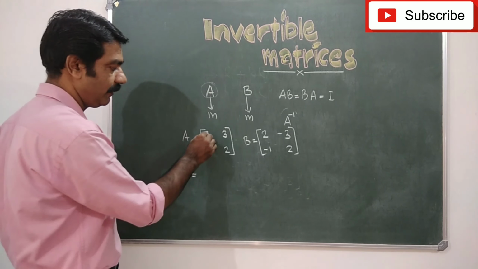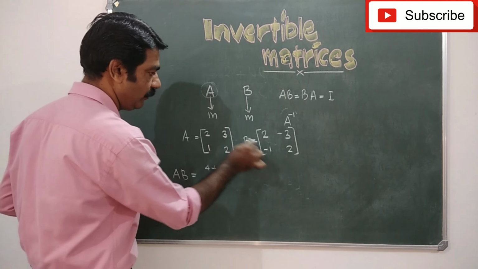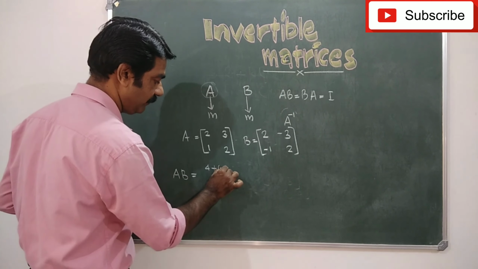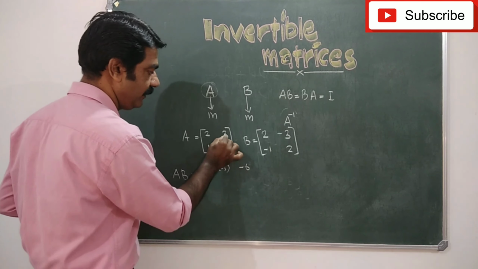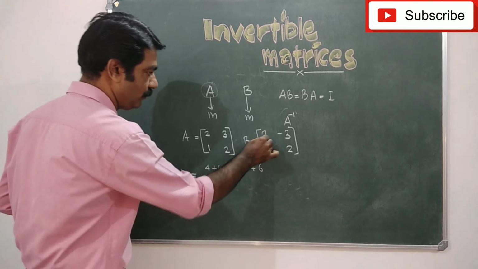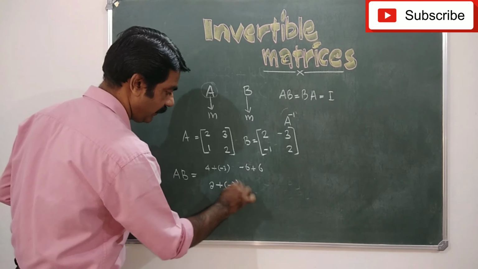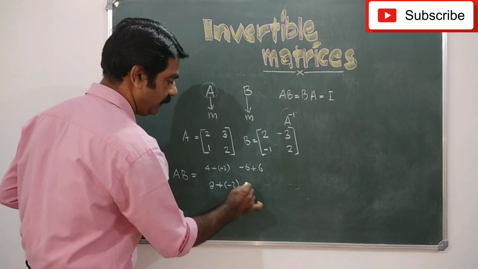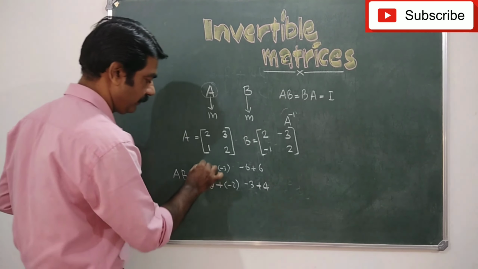So multiply: 2 into 2 is 4, plus 3 into minus 1 is minus 3. Then 2 into minus 3 is minus 6, 3 into 2 is plus 6. 1 times 2 is 2, plus 2 into minus 1 is minus 2. 1 into minus 3 is minus 3, plus 2 into 2 is 4.